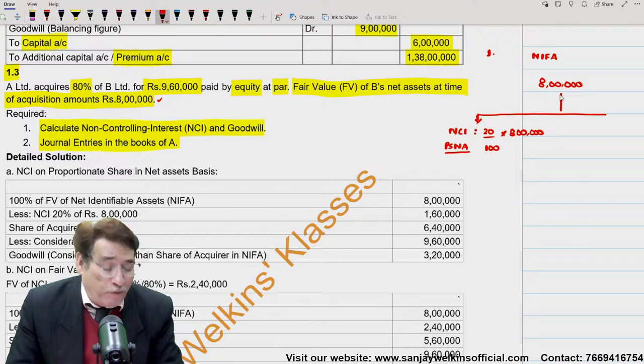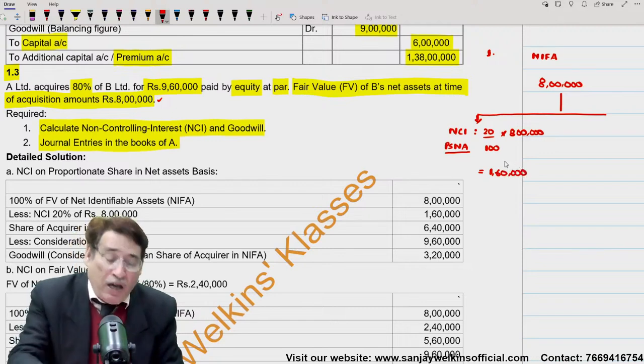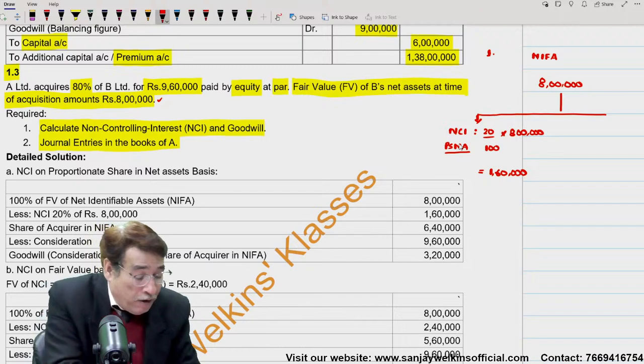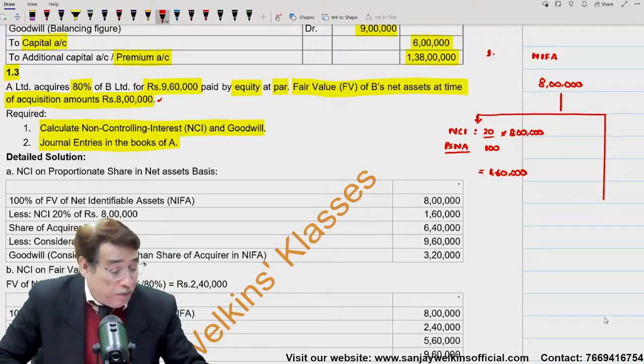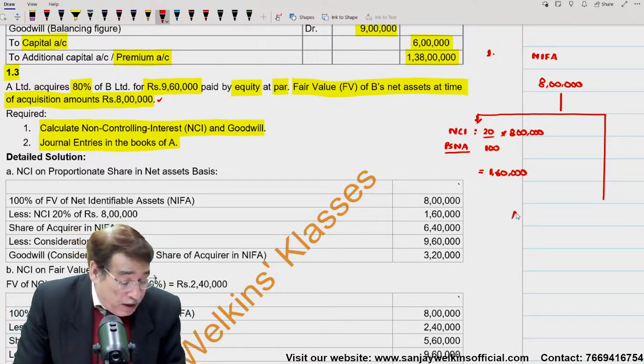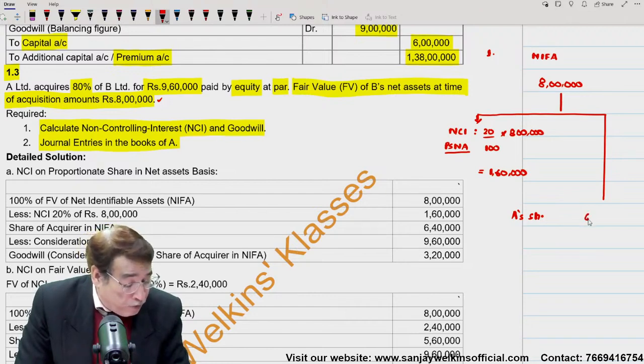It means out of net identifiable assets of 8 lakh, 1,60,000 worth of net identifiable assets belong to NCI as per this particular approach. Now, what will be the acquirer's share? A is the acquirer company. A's share of net assets, if I deduct the same, will be equal to 6,40,000.